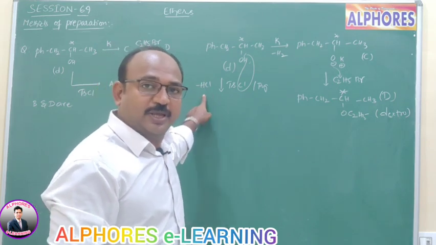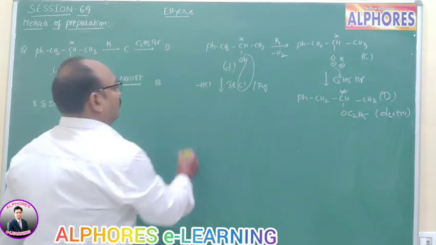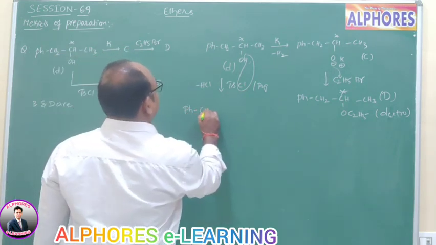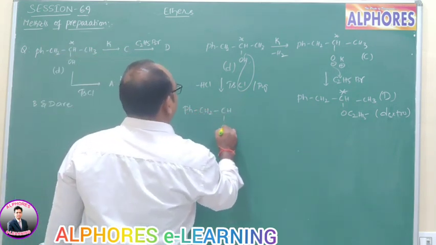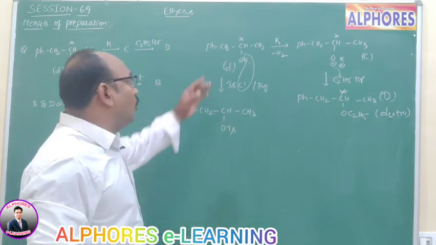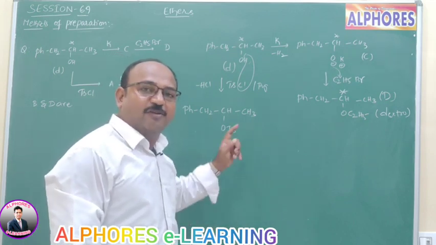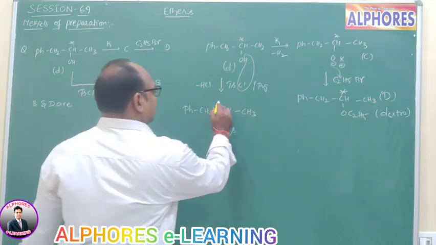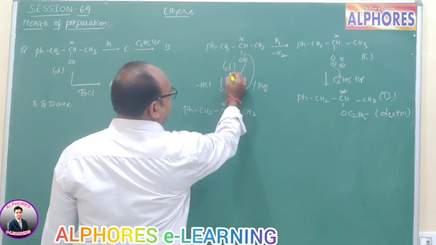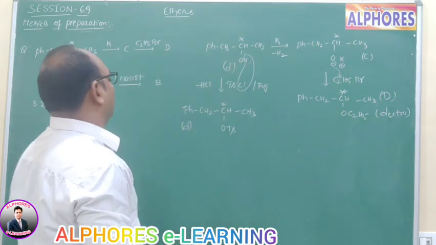Now we have Ph-CH2-CH(OTs)-CH3. The OH group is a poor leaving group, whereas OTs is a good leaving group. Earlier this one is dextro, and it still remains dextro.